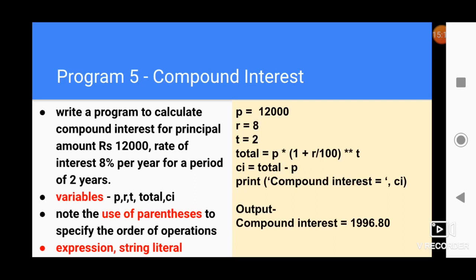And we have used parentheses to control which part of the expression gets executed first, so that we get the proper result. Okay, it was necessary to enclose 1 plus r by 100 inside parentheses, and we have used a string literal also. Thank you.